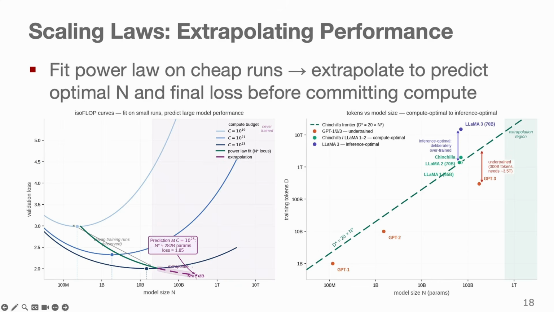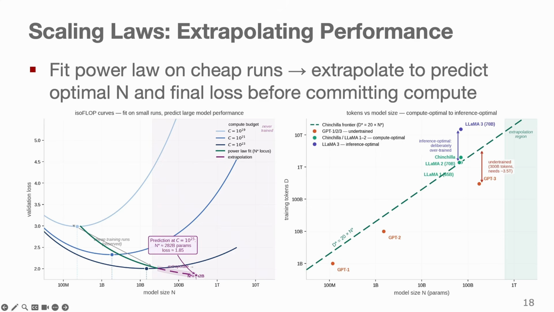All right. So this slide shows you something useful in practice that falls out of these scaling laws. And this is that you can actually predict how a larger model will perform before you train it. So the idea is simple, right?